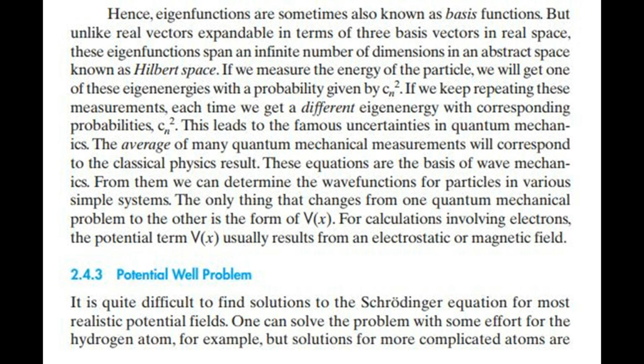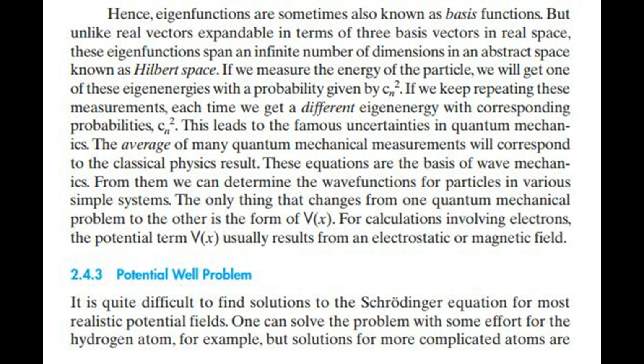These equations are the basis of wave mechanics. From them we can determine the wave functions for particles in various simple systems. The only thing that changes from one quantum mechanical problem to the other is the form of V(x). For calculations involving electrons, the potential term V(x) usually results from an electrostatic or magnetic field.